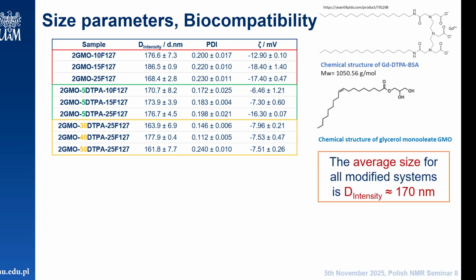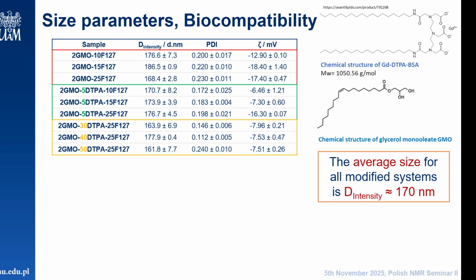And as you can see, for every system, the average size is about 170 nanometers. Polydispersity index is always below 0.3, which means that we have a medium range polydispersity, which is good. And in every case, we always have negative zeta potential, negative charge.